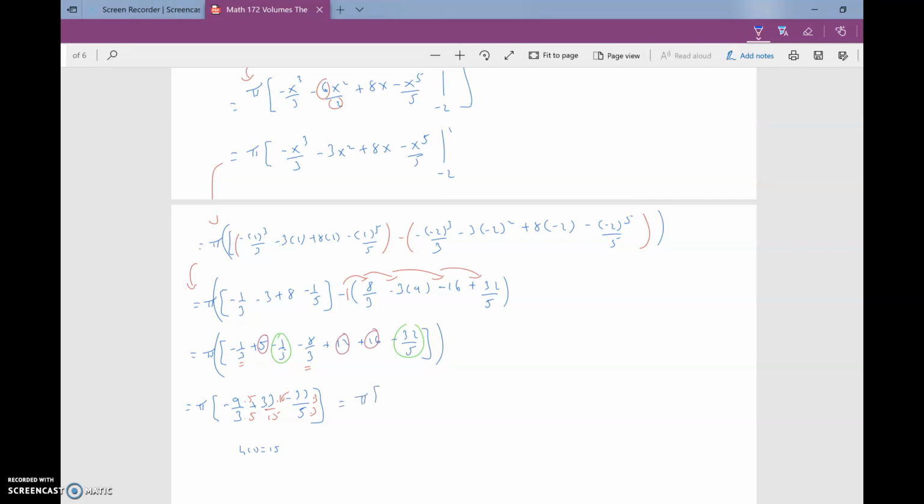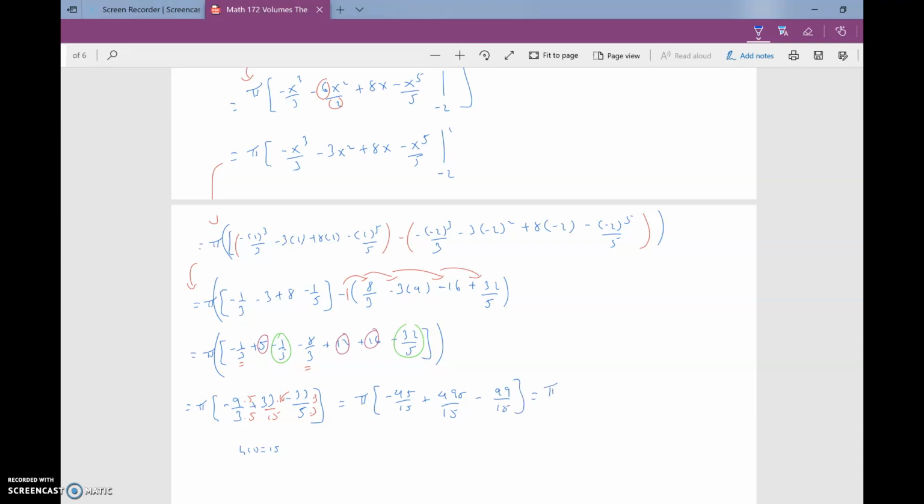So we're looking at pi over -45 over 15 plus, and this will be 33 times 15, 495 over 15 minus, that was a 33, so 33 times 3, I'm getting 99 over 15.